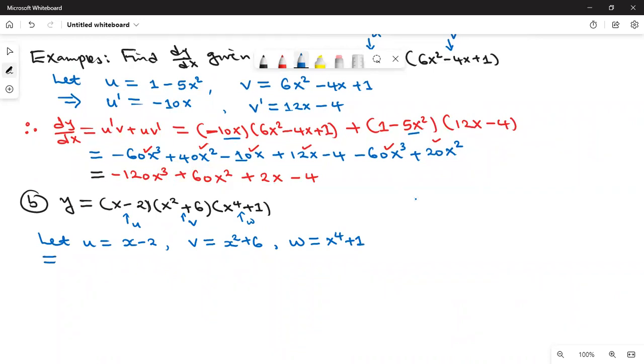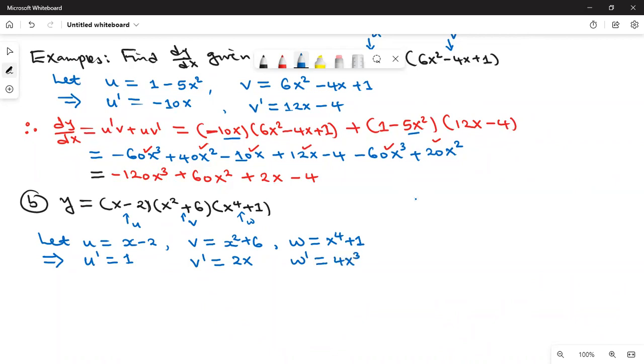So let's get the derivatives. What is u prime? Differentiate x, you get 1. Of course, 2 is a constant. When you differentiate, you get 0. What about v prime? That should give us 2x. W prime should give us 4x cubed.